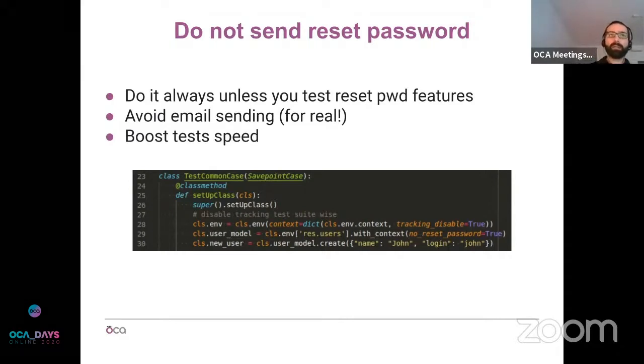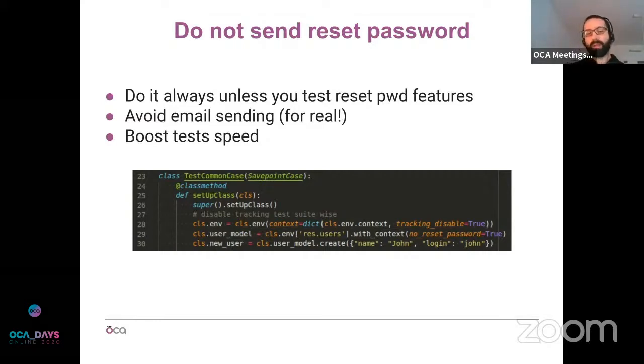And this is not only an issue for performance, because you are generating an email that you actually don't need, unless, of course, you want to test some custom behavior in the email generation. But in most cases, you don't need it. And in most cases, we create users all the time in the tests, and we don't take care of this. And also, this makes sure that you're not going to send an email.